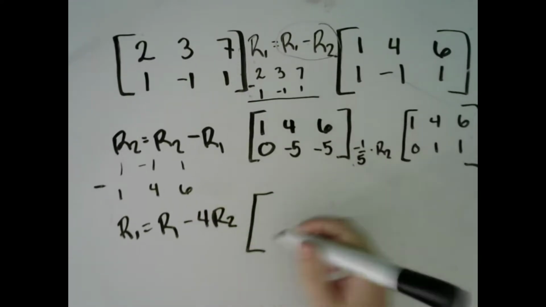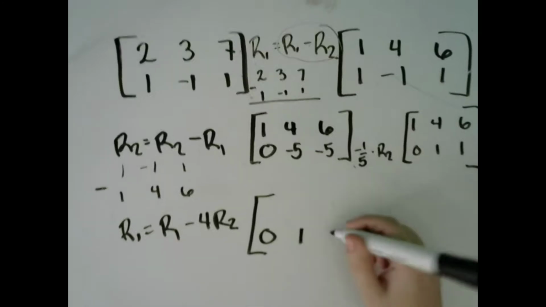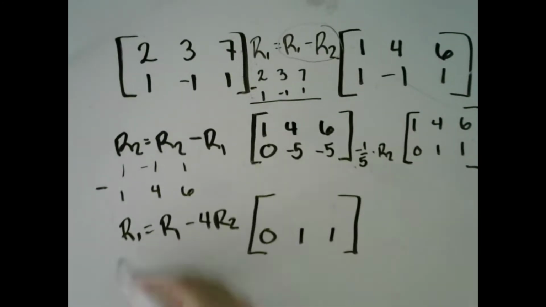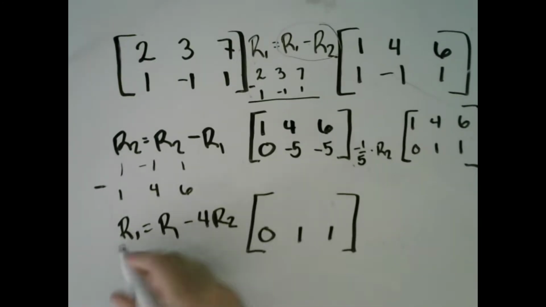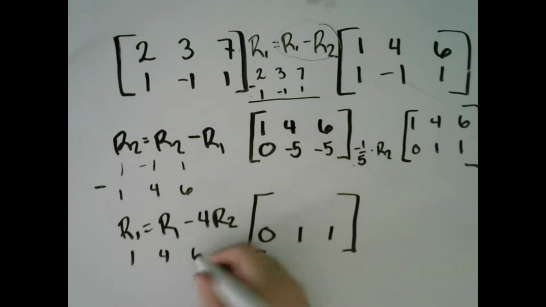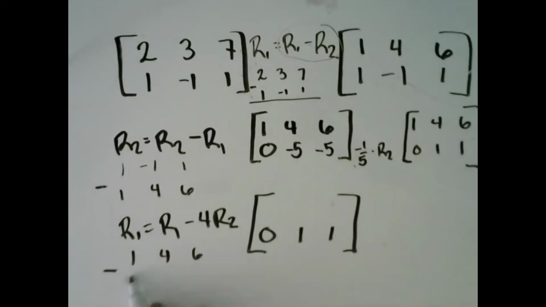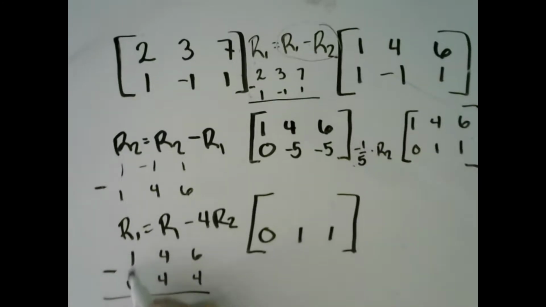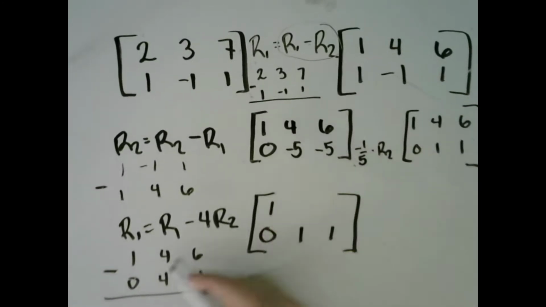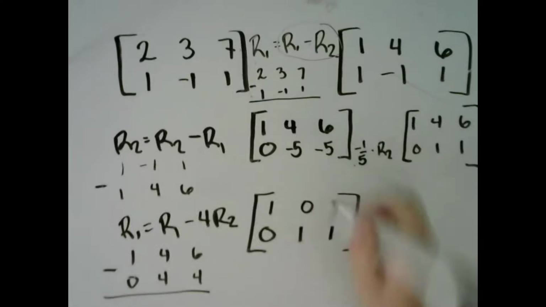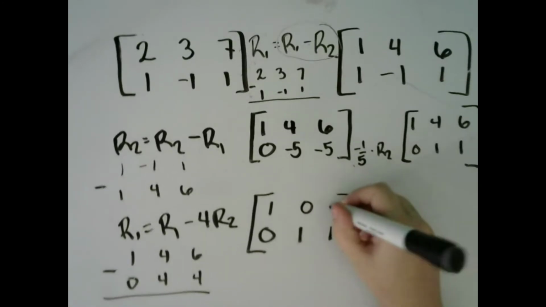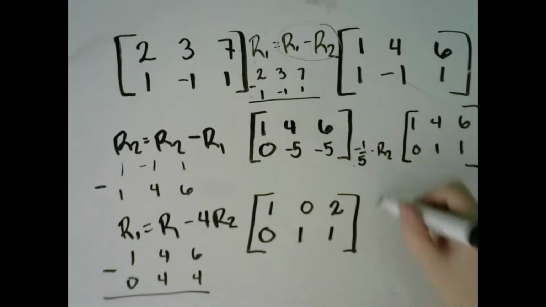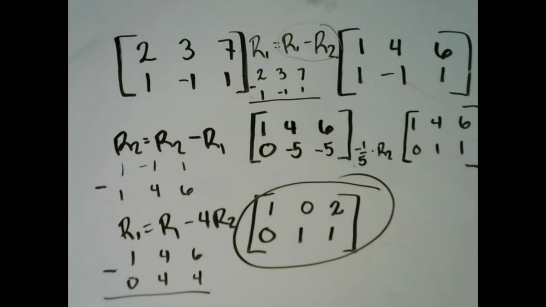So R1 will be replaced and R2 will stay 0, 1, 1. We're going to write R1, 1, 4, 6, minus 4 times R2. 1 minus 0 is 1, 4 minus 4 is 0, and 6 minus 4 is 2. This is the final answer for following the steps required in the notes.